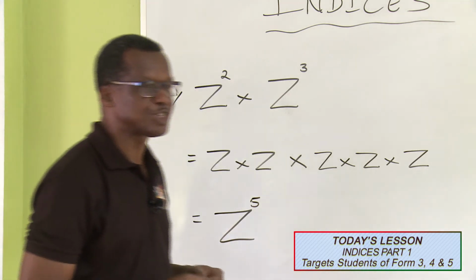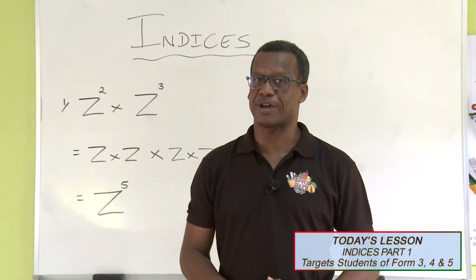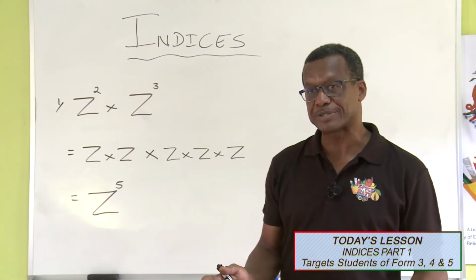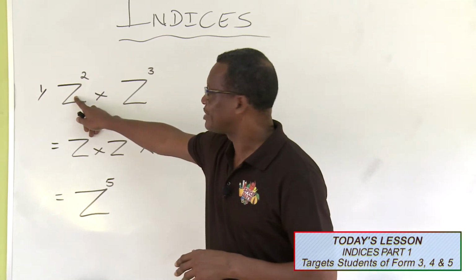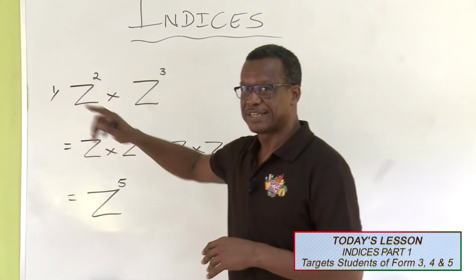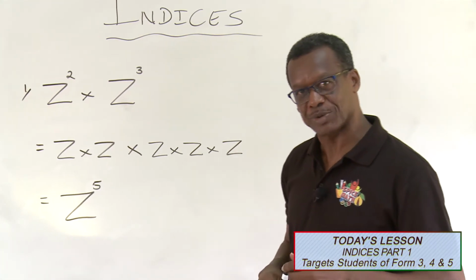We see a very interesting thing coming up here because it's going to work out nicely even with other bases and other powers. Once the base, the one in the larger font, is the same when you're multiplying, did you notice what happened?